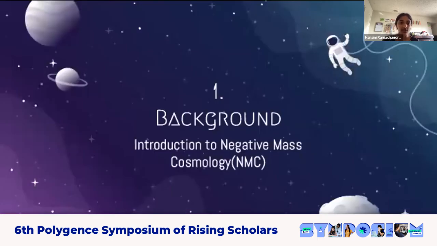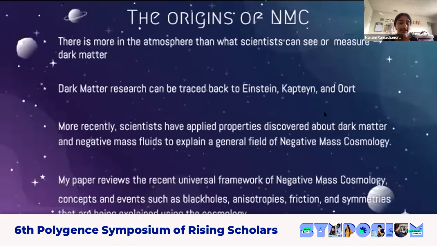Here's an introduction to what negative mass cosmology is and why it is important. So scientists have realized that there's more in the universe than what they can see or measure, and that more is what they call dark matter. This dark matter research can be traced back to Einstein, Kapteyn, and Oort.